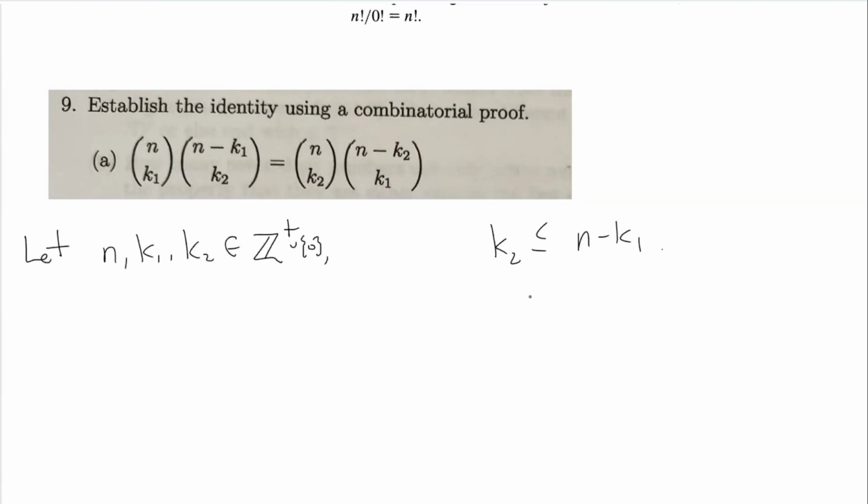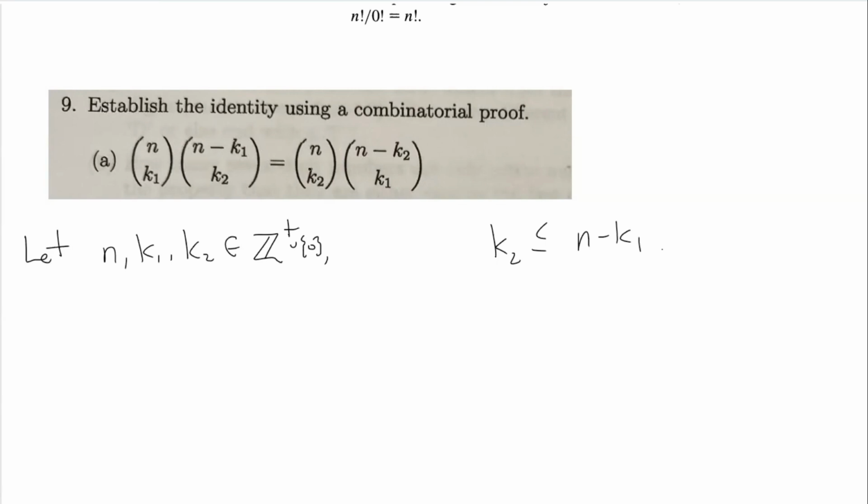So I need to come up with an idea of what I am working with here. What am I dealing with here? What do the things mean? So k1 is obviously going to be some chunk of the n things, and k2 is going to be another chunk of the n things. And so on the left, what are you doing? Out of the n things, you're choosing k1 of them. And then out of the n minus k1 things, so out of everything that's left, I'm choosing k2 of them.